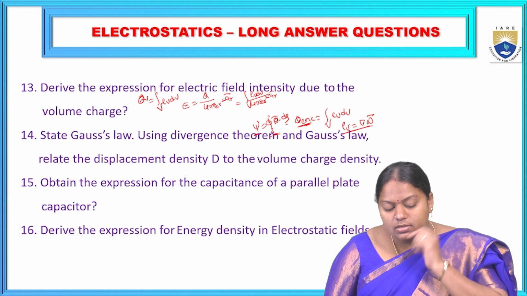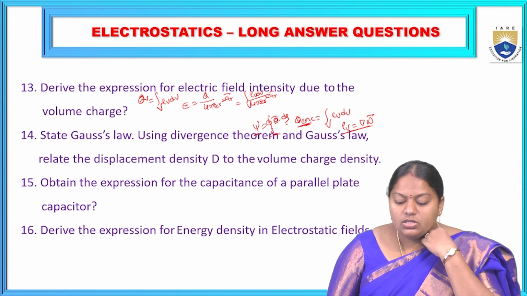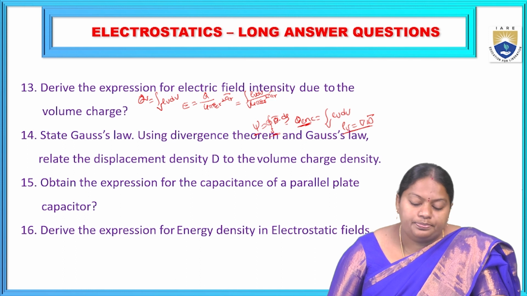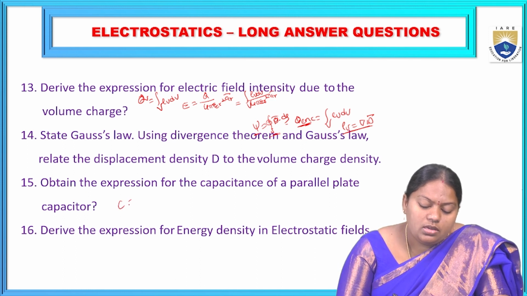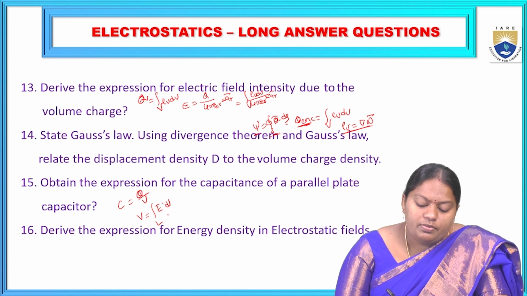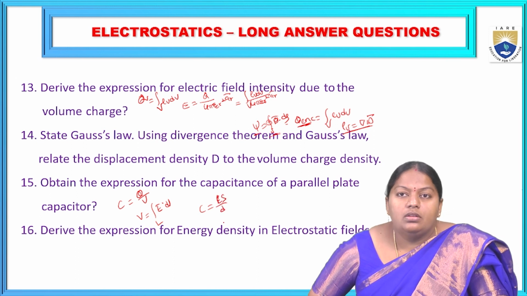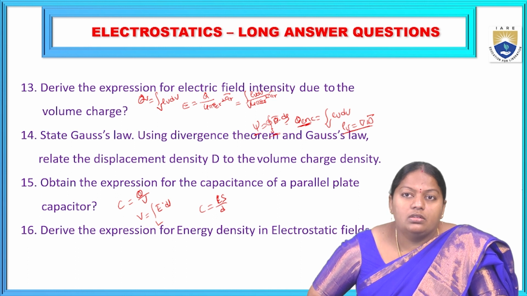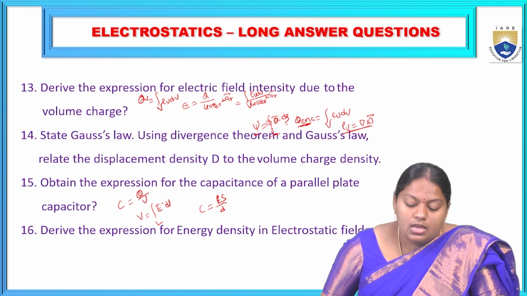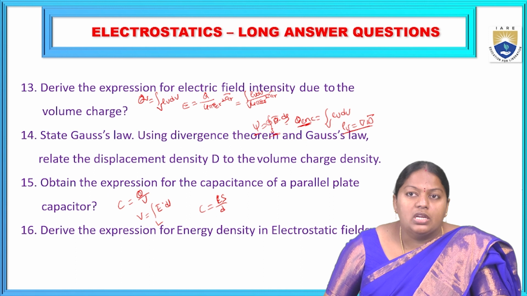Next is to derive the expression for the capacitance of a parallel plate capacitor. First we define the general capacitance equation: C is equal to Q by V. Now V can be evaluated as the integral of E dot dl. After evaluating this and substituting for a parallel plate capacitor, it is given by epsilon S by d, where epsilon is the permittivity existing between the two conductors, S is the plate area, and small d is the distance between the two conductors.